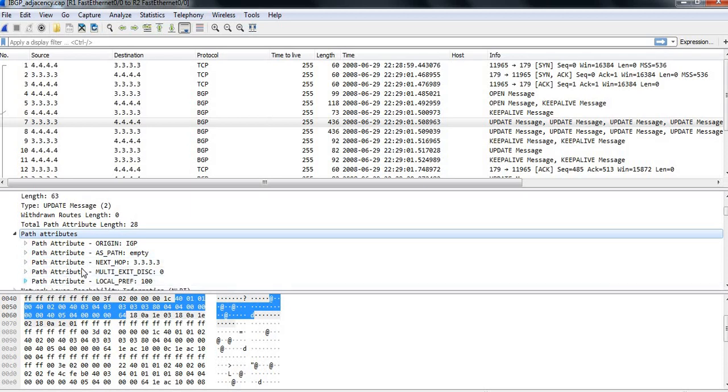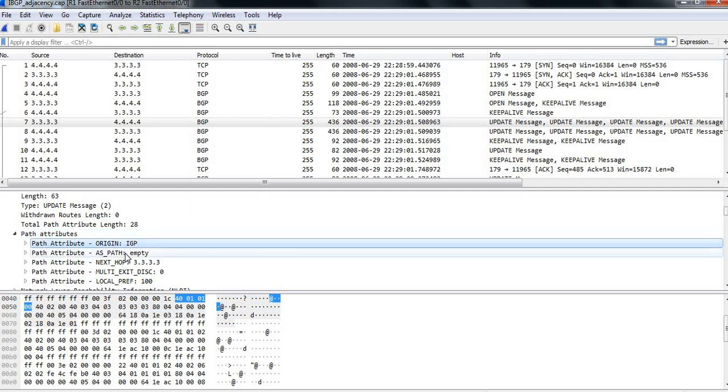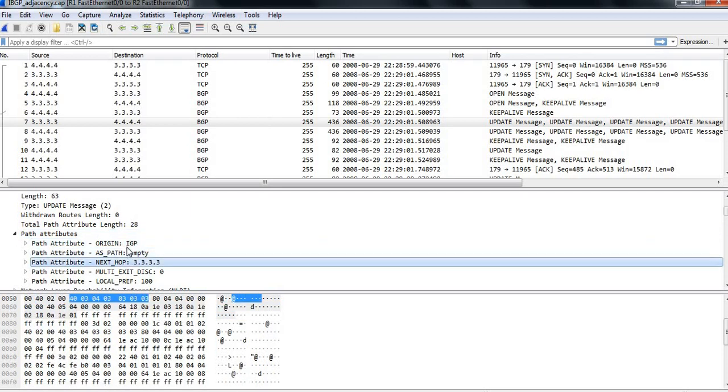I can see that there are 5 attributes sent from router 2 to router 1. First I see origin, then AS path, and then next hop. These three attributes are well-known mandatory attributes.